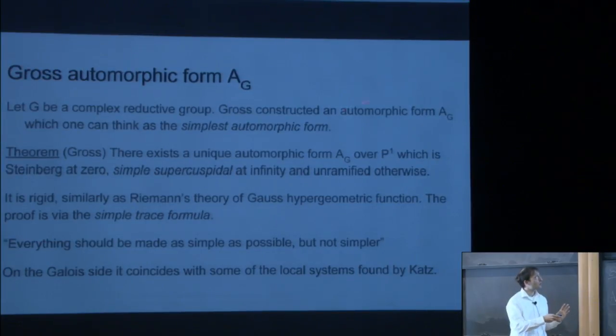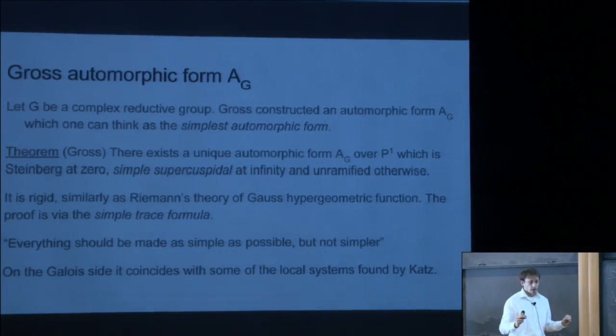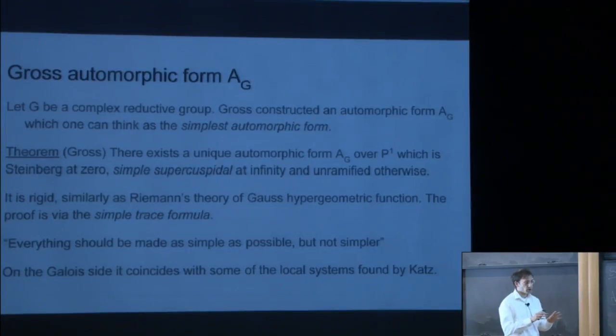He constructed some automorphic form, which in a sense is like the simplest possible automorphic form for this group G, in the sense that it has very little ramification. Maybe not many of you are familiar with automorphic forms, so we'll try to keep the language minimal on that aspect.